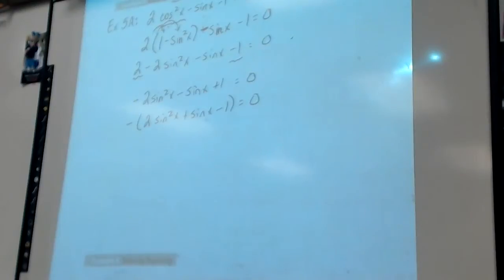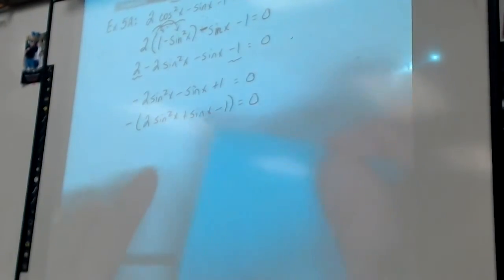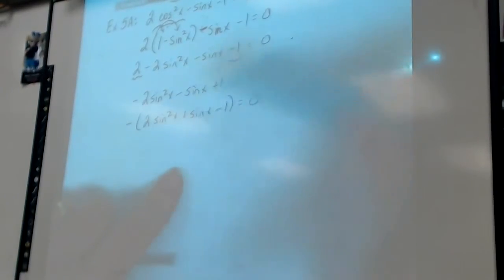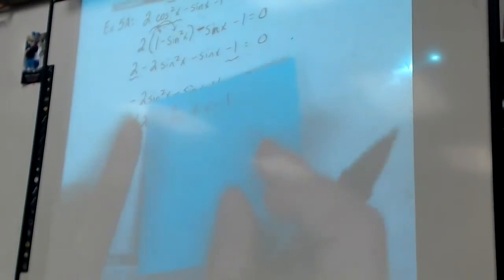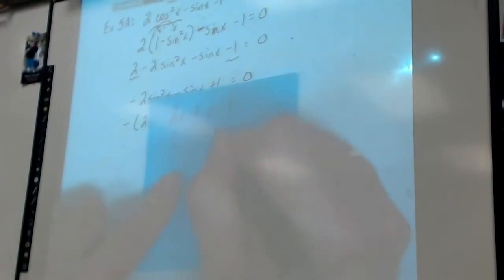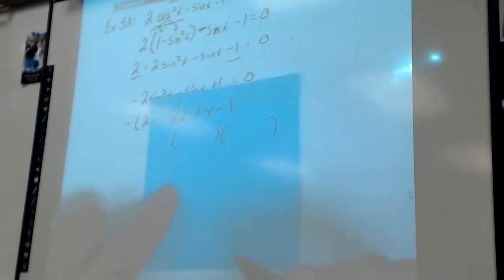Now, I want you to look at this. What if we had 2x plus x minus 1? And I wanted to factor that. Well, I need two things to multiply to give 2x in the front. So 2x and x.